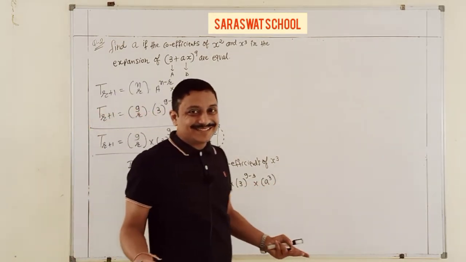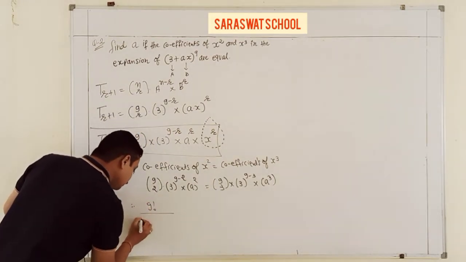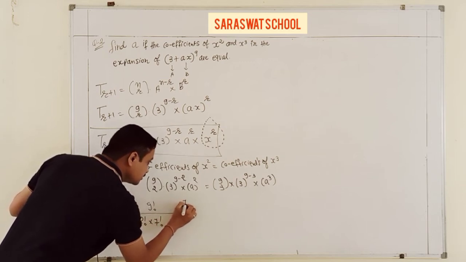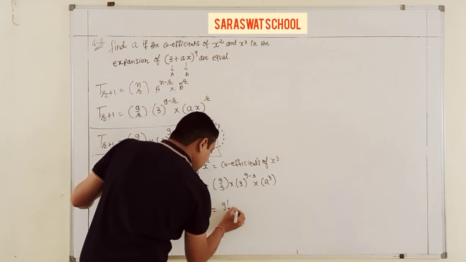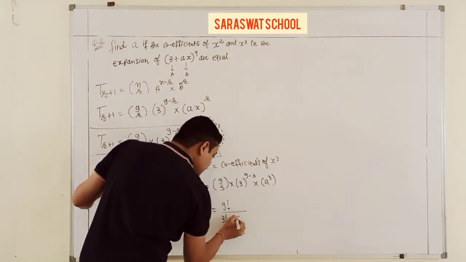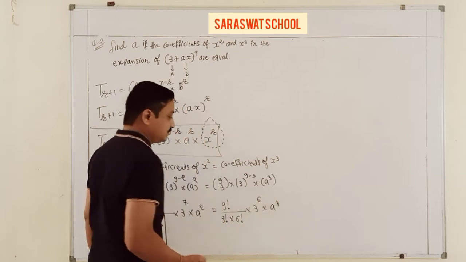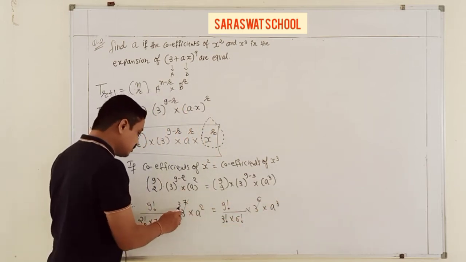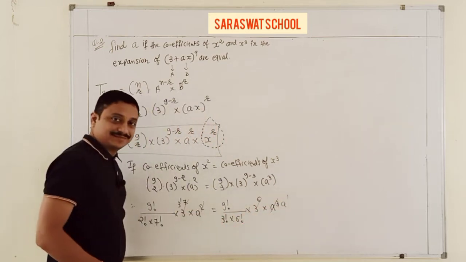Now easily simplify it. So it is 9 factorial over 2 factorial 7 factorial, times 3 raised to 7 a square, same as 9 factorial over 3 factorial 6 factorial, times 3 raised to 6 a raised to 3. Students, here 3 raised to 7 and 3 raised to 6, 3 raised to 1 is pending, and a square and a cube, only a raised to 1 is pending, correct?